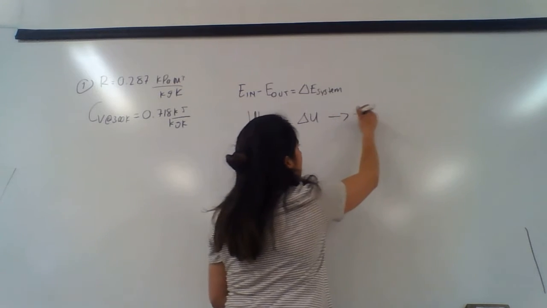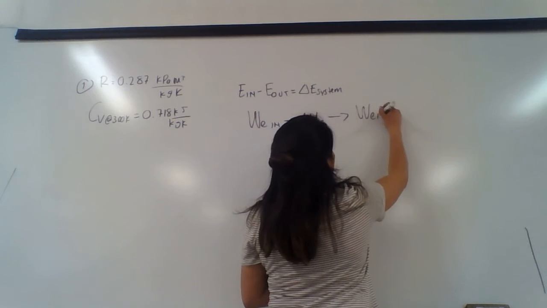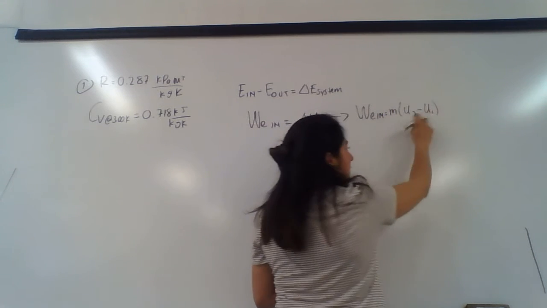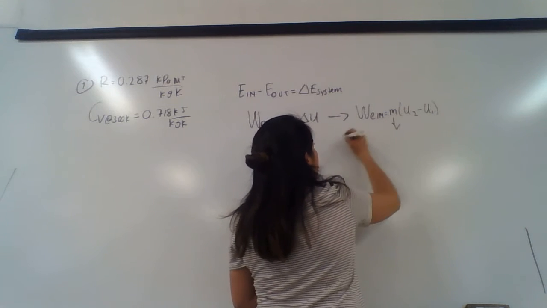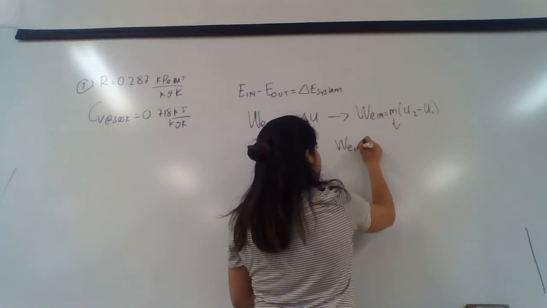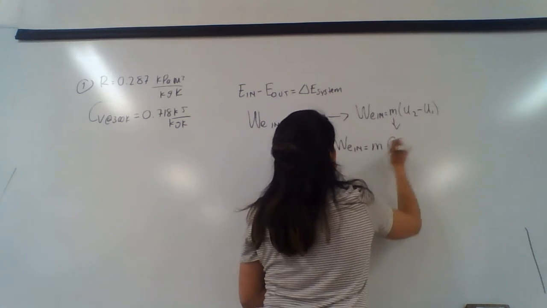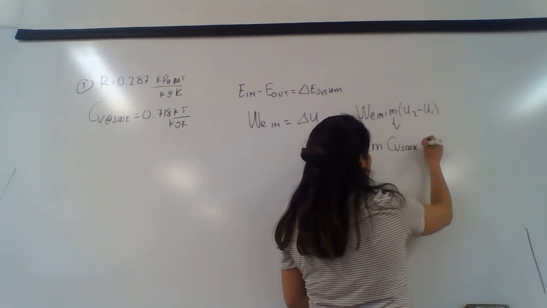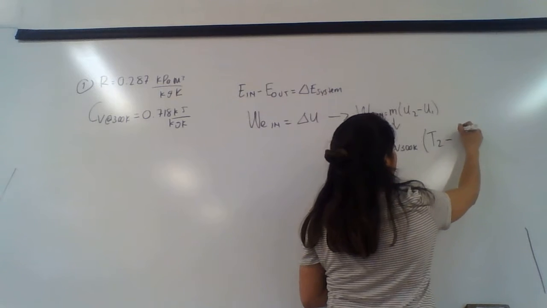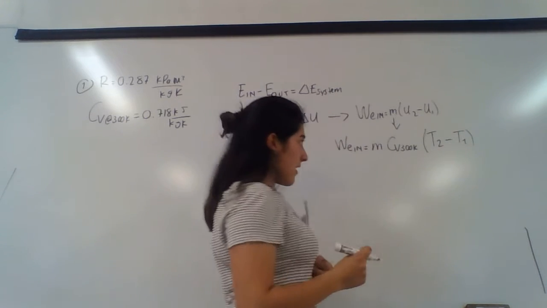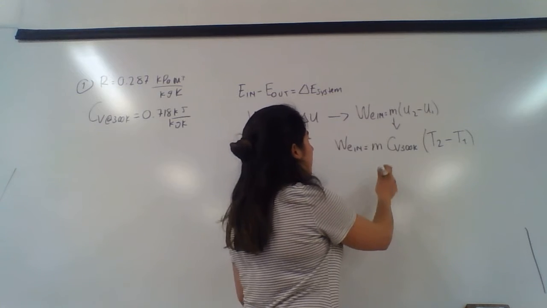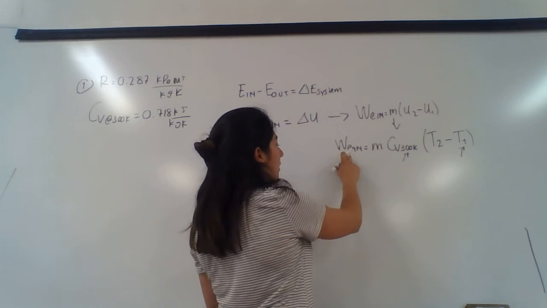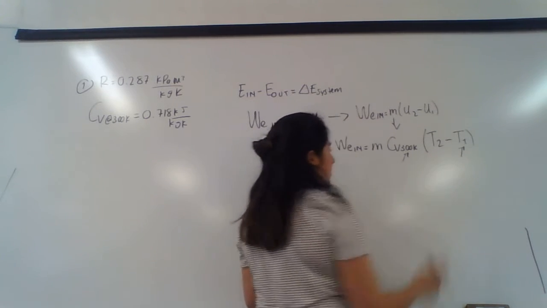This can be written as the electrical work going in equals the mass times U2 minus U1, and this equals the mass times the CV at room temperature, 300 Kelvin, times the difference in temperature, T2 minus T1. So now we have the CV and the temperature 1, but we do not have the work that is going in, the mass, and the temperature 2.